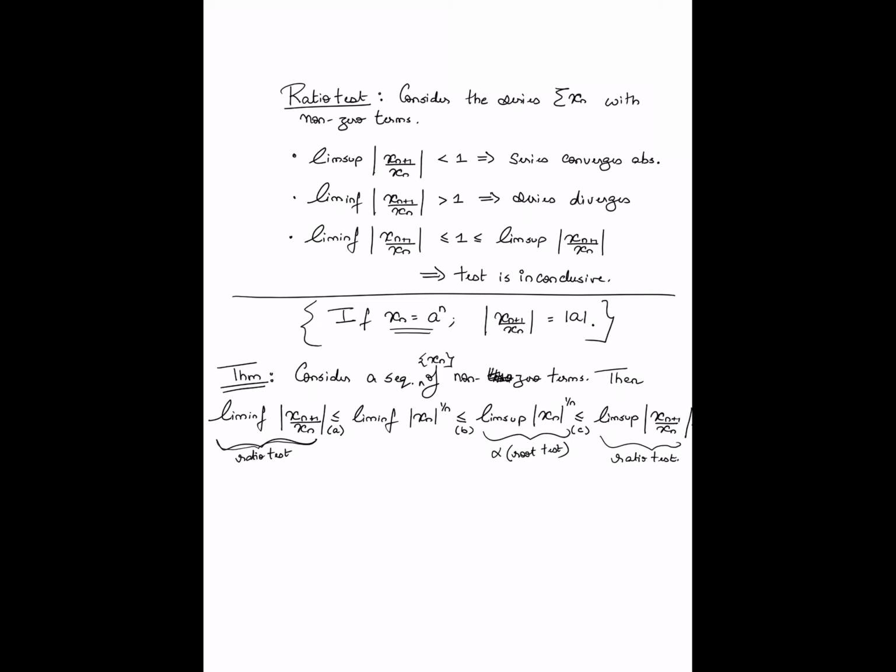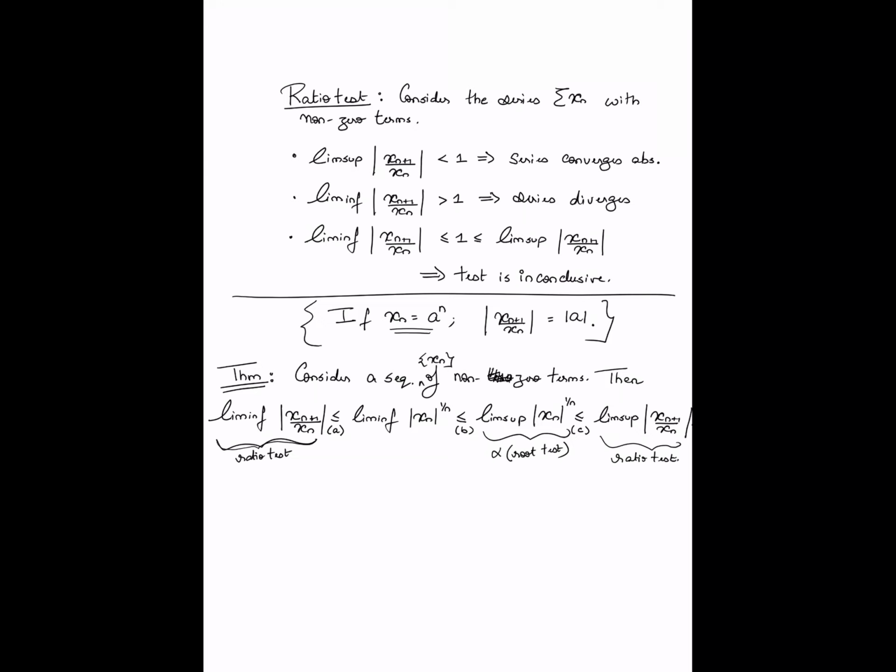Finally, the fact that the test is inconclusive when the lim sup and the lim inf are on either side of 1 follows by demonstrating an example where that is the case. If you go back, you will be able to check that the very same examples that we gave for the root test being inconclusive also apply to the ratio test, so that doesn't require a separate argument.